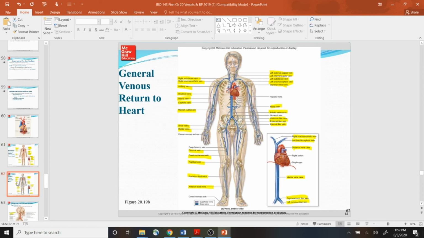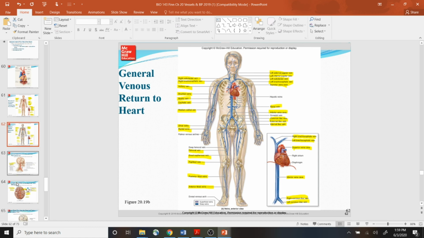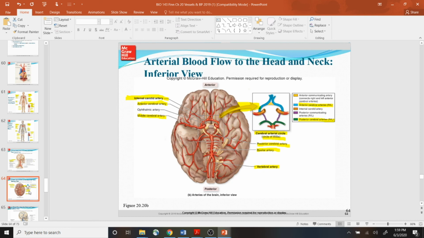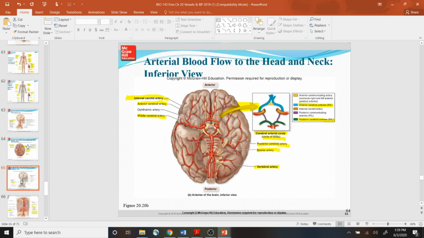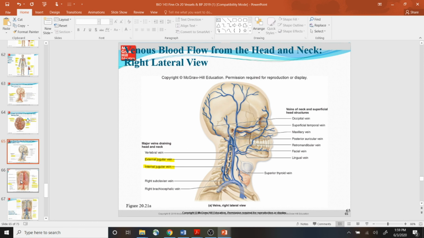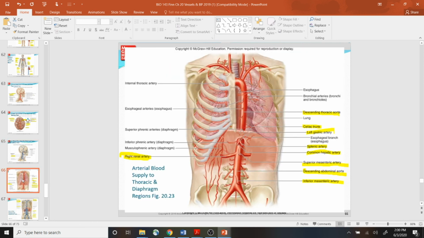Some of the major venous branches are in yellow, which you would need to remember. Branches of the head: you can see there's only a couple here, although there will be a model that I show you that will show more, what's happening in the inferior view of the head and neck. Just a few veins for the head and neck, again in yellow, that you'd be responsible for.